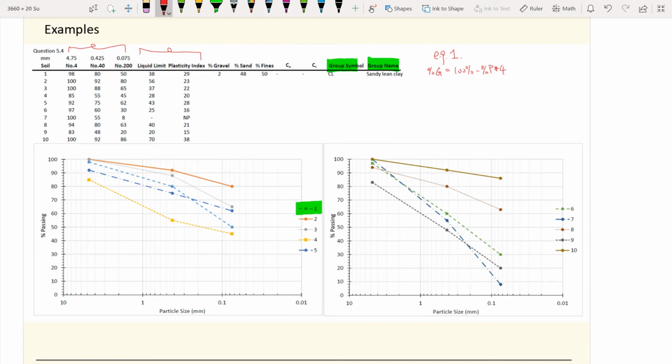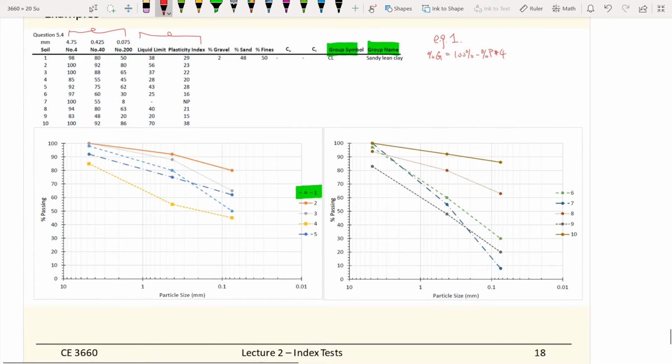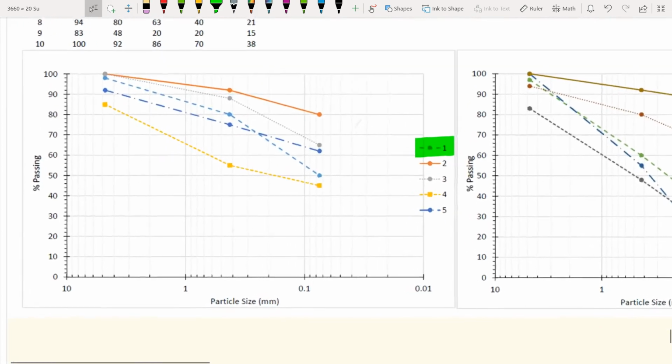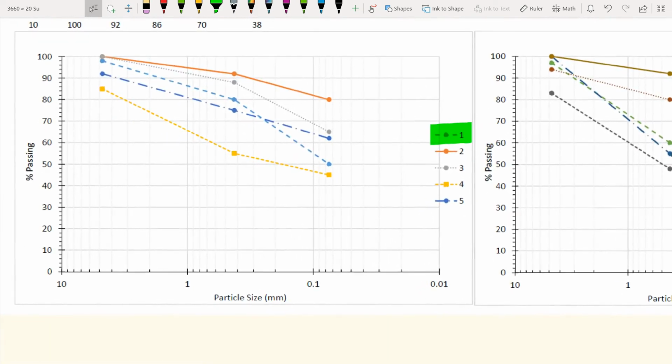So first of all, we need to identify number 4. When I give you the chart, I expect you to know where number 4 is. Number 4 is 4.75 millimeters, and you need to know how to read the log scale. This is 1, this is 2, this is 3, and this is 4, and 4.75 is here.